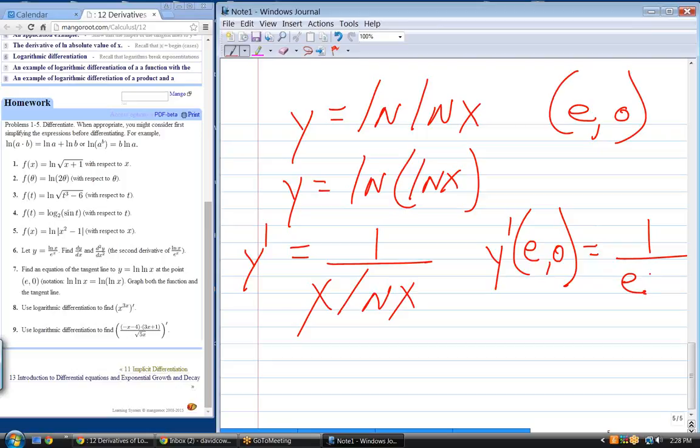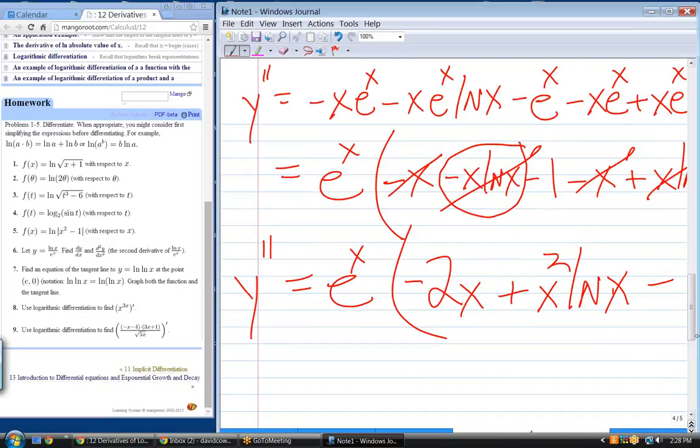What's the natural log of e? 1. So y prime at e is equal to 1 over e. So that is the slope at that point.